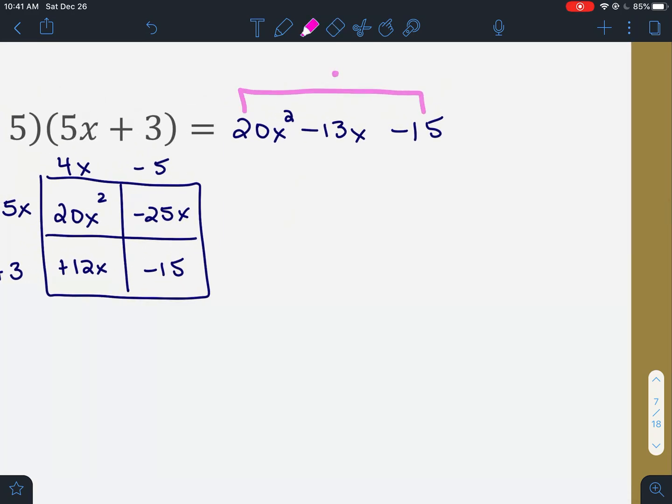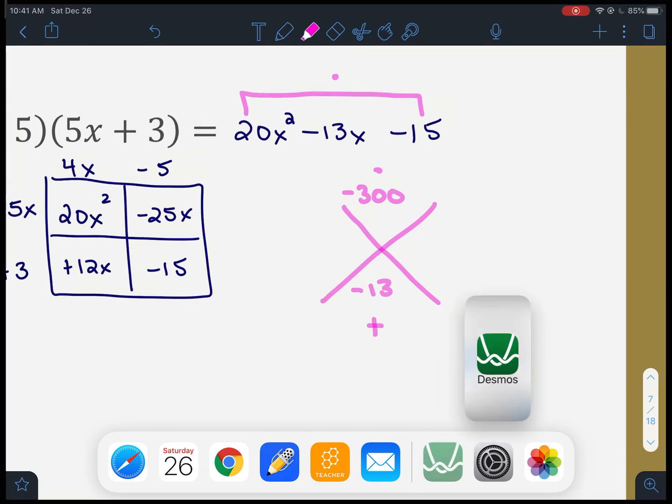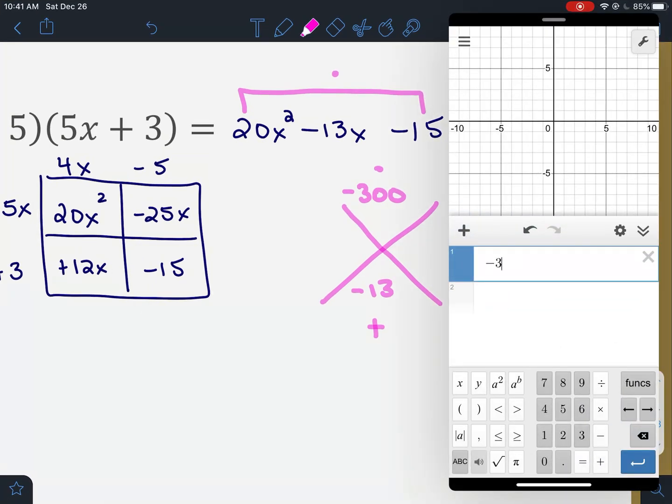If we want to factor by grouping, we take the a term times the c term. So we're going to take 20 times negative 15, which is negative 300. So I need two terms that, when I multiply them, I get negative 300, and when I add them together, I get negative 13. So what multiplies to negative 300 and adds to negative 13? Negative 300, let's do divided by 10.